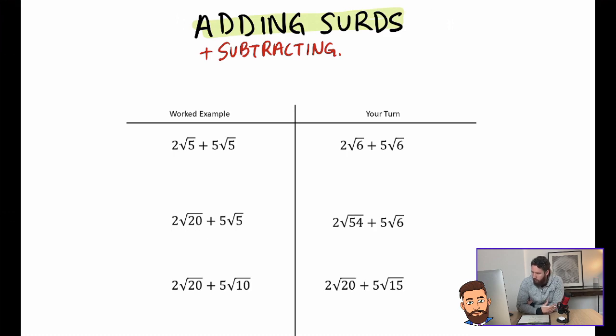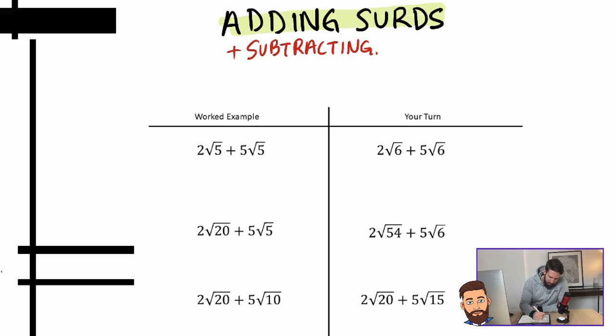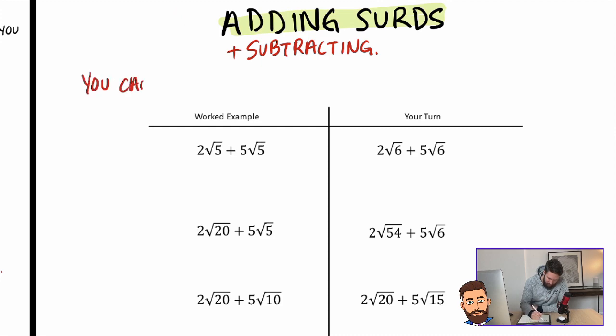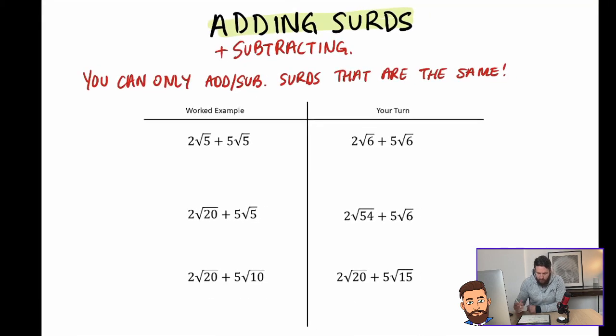The first note that I would like you to add is that, and I've said it before, in the last lesson, you can only add or subtract surds that are the same. Okay, if they're not the same, you need to either make them the same, and if you can't make them the same by simplifying, you just cannot add them. Okay, and we'll look at some examples of that now.